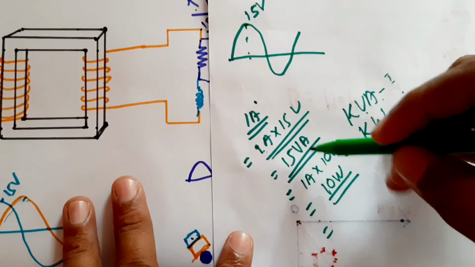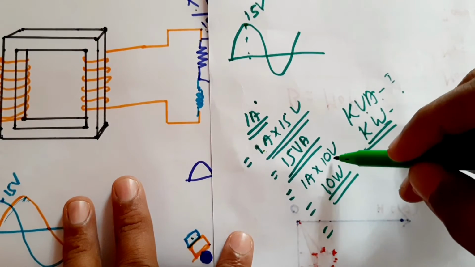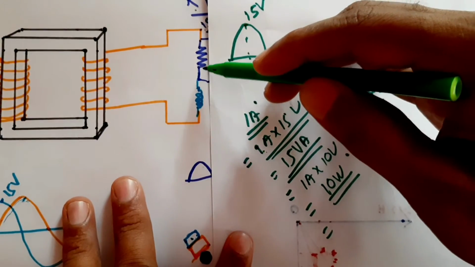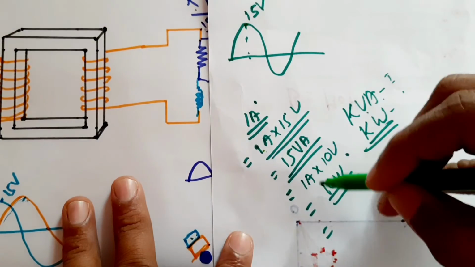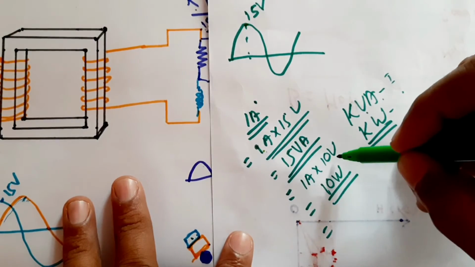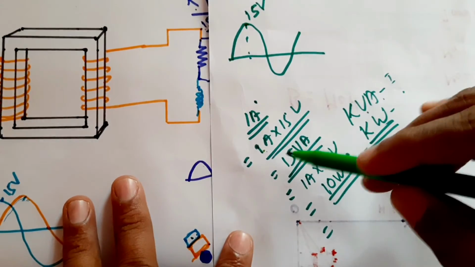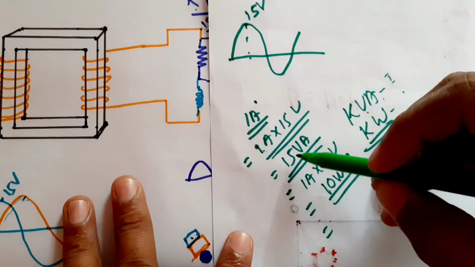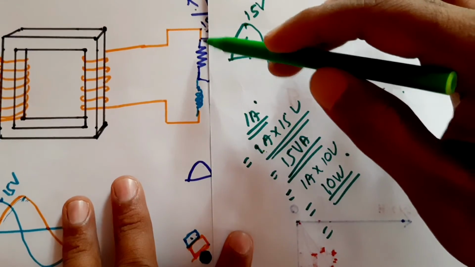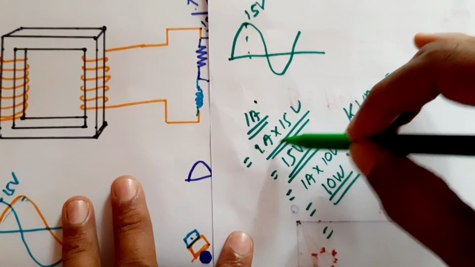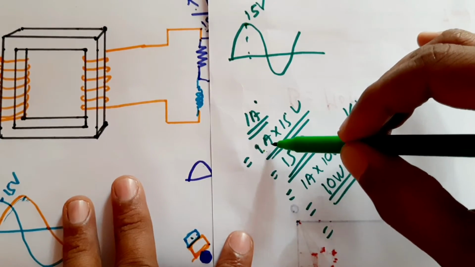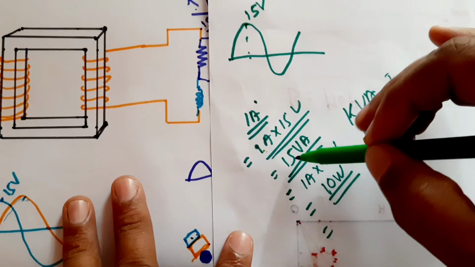Out of this, 10 volt into 1 ampere is the dissipative power across the bulb or the resistor, and the total the transformer has to supply is 1 ampere into 15 volt.